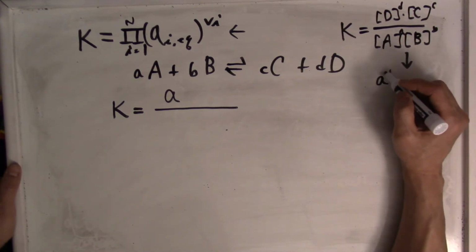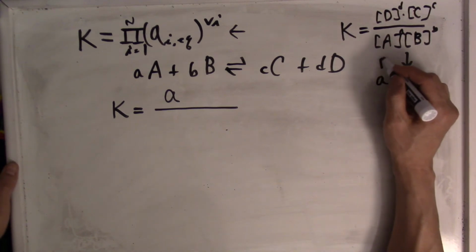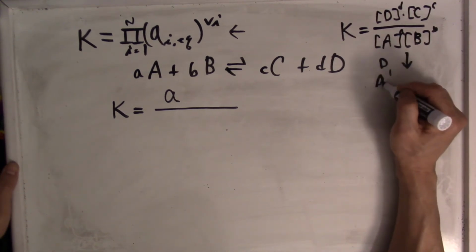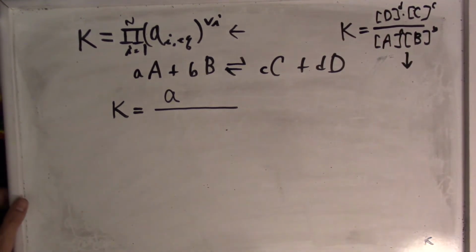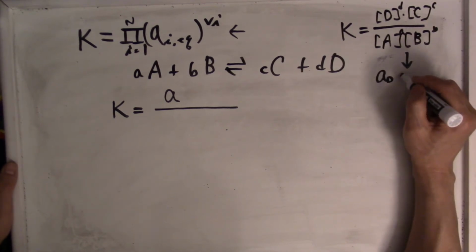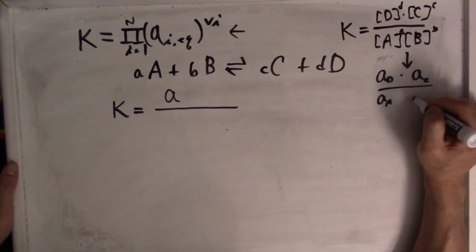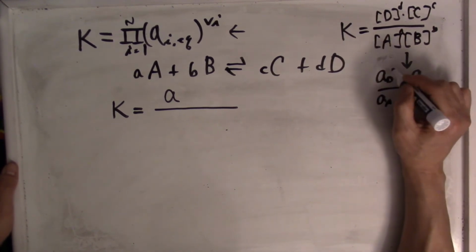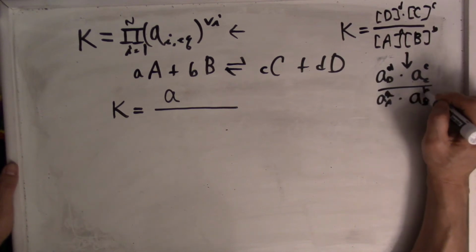So I'm just going to write it based on activity of D, times activity of C, over activity of A times activity of B, with the stoichiometry exponents d, c, a and b.